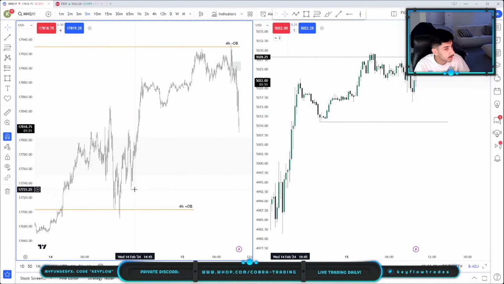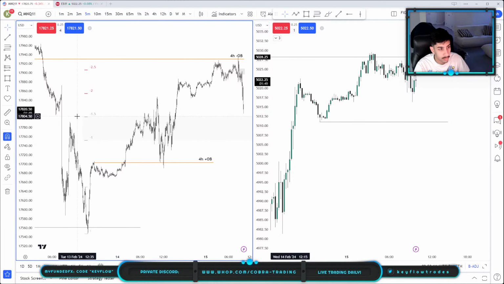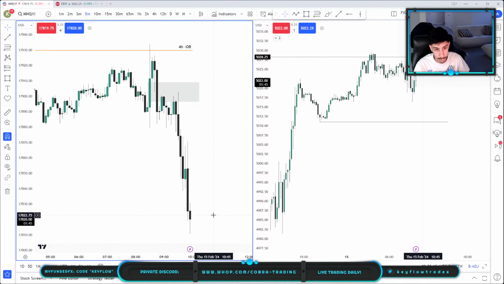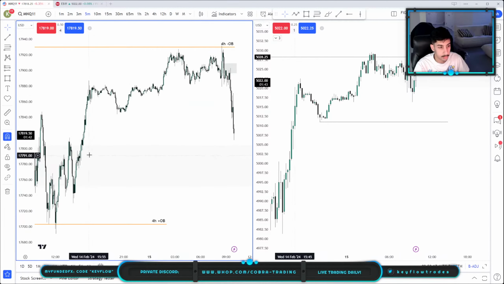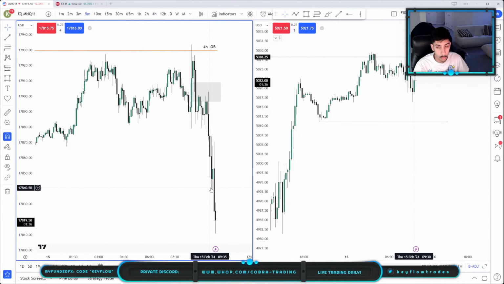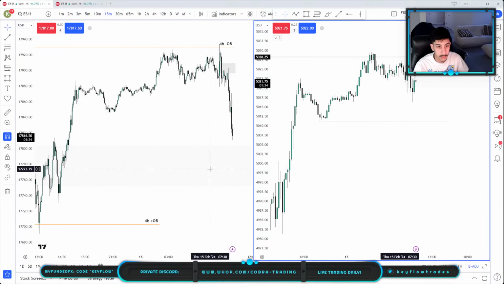Just below 17, the 1.5 is at 17,803. I'm not expecting it to reverse right away within here. It's just giving us a range to work with. We do have some crazy bullish SMT going on.